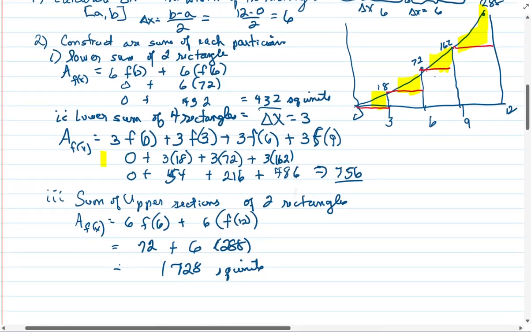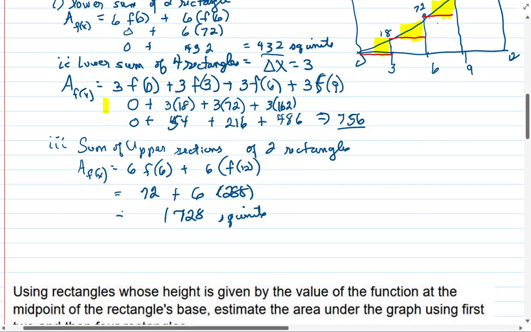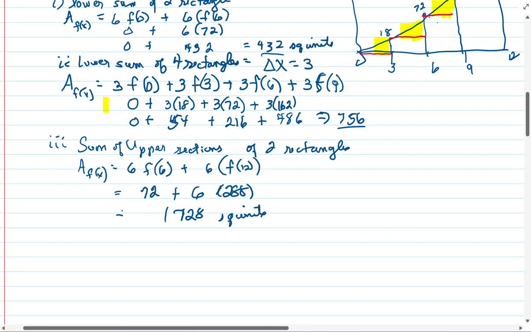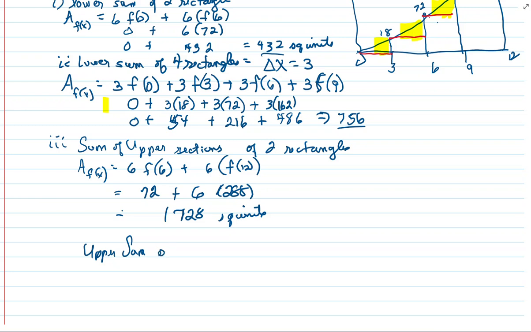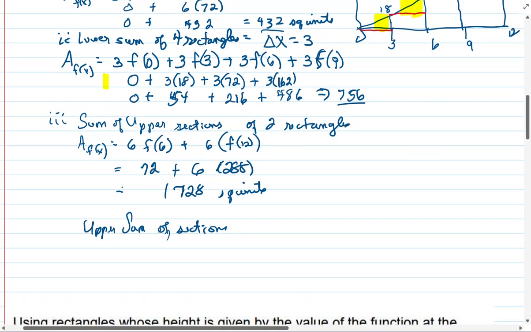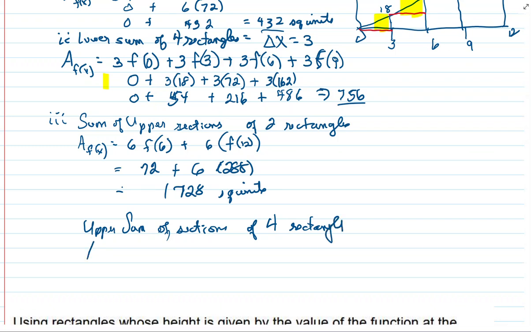So again, we're going to do more rectangles of the upper. I should say partitions, but I put sections. So our area for our function is going to be, now this time delta x is 3.